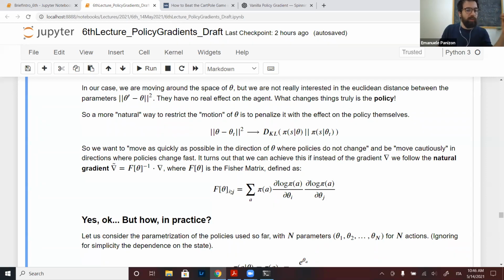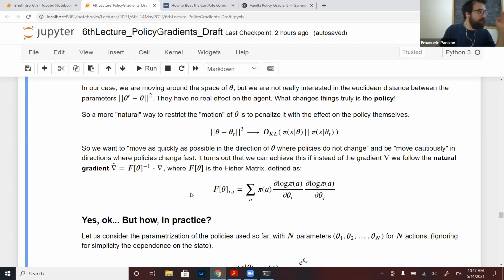So the Fisher matrix associated to a policy pi is the expected value, over the action, of the derivative of the logarithm of the probability of this policy with respect to parameter i, times the derivative of the logarithm with respect to parameter j. This is a single element of this F theta, which enters here.